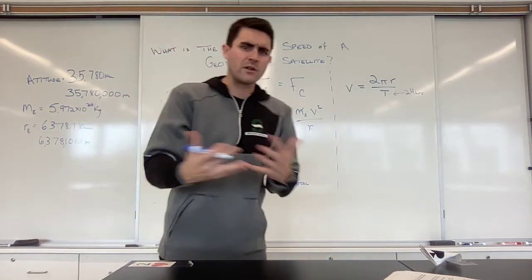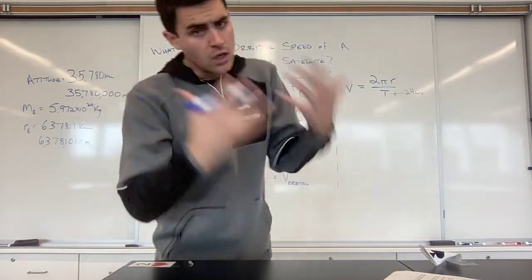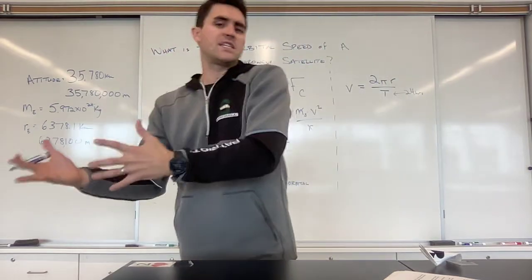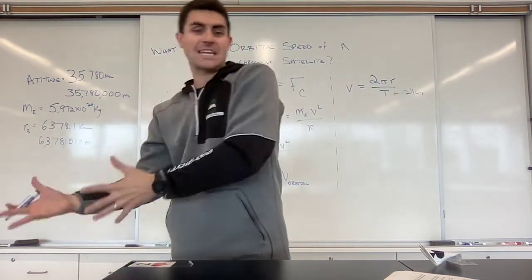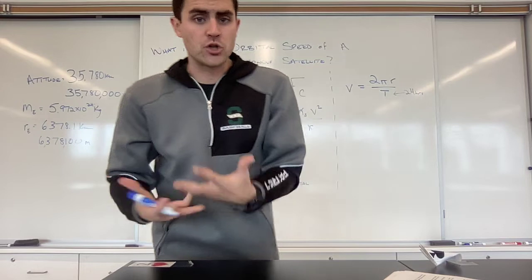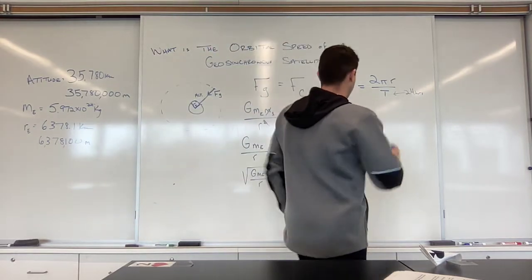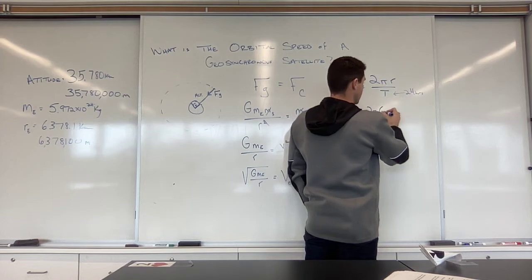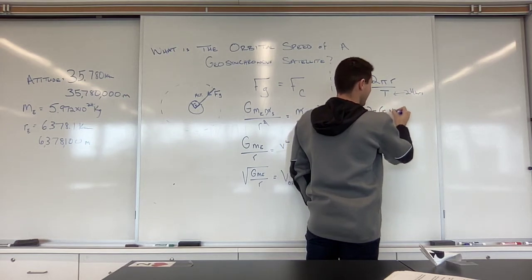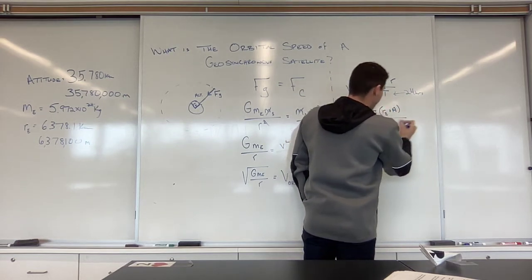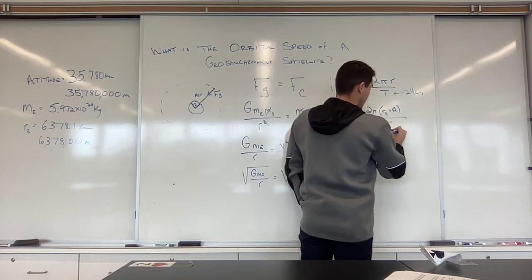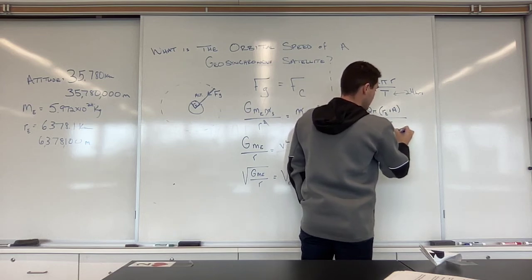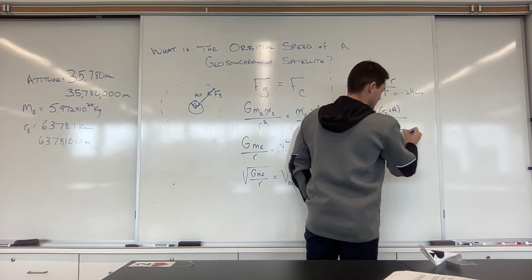So I have to convert 24 hours into seconds: 24 hours, 60 minutes in an hour, 60 seconds in a minute. I make that conversion, and I end up with v being equal to 2 pi times the radius of the Earth plus the altitude, divided by the period in seconds.